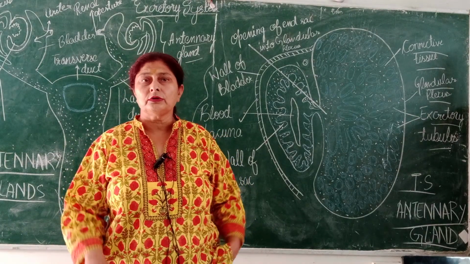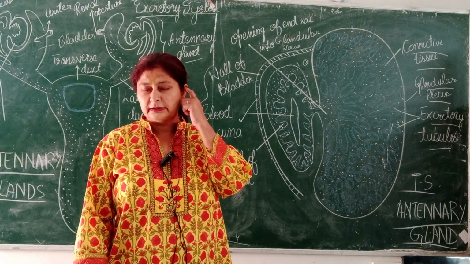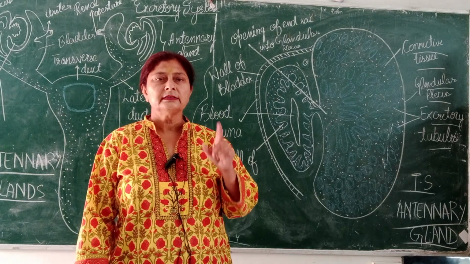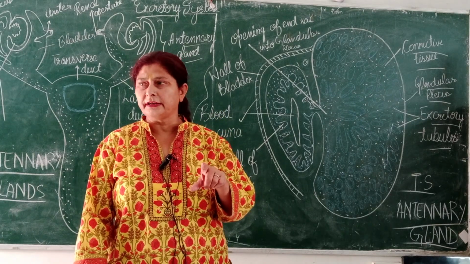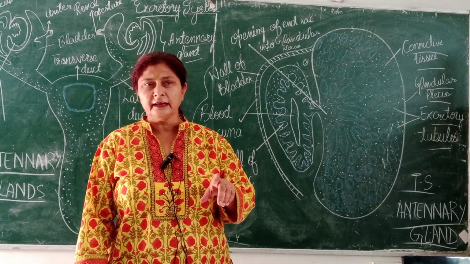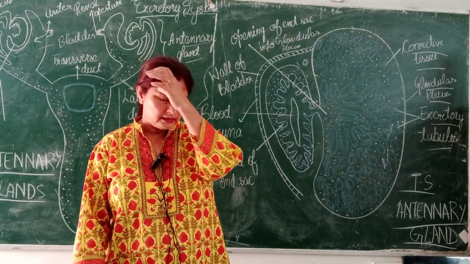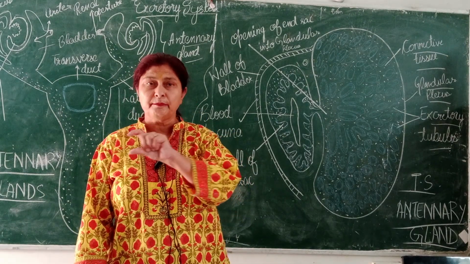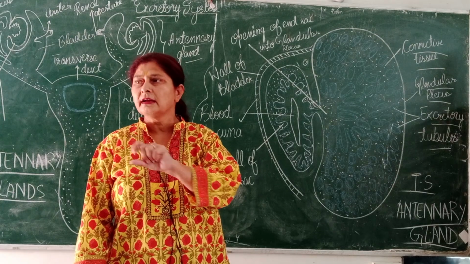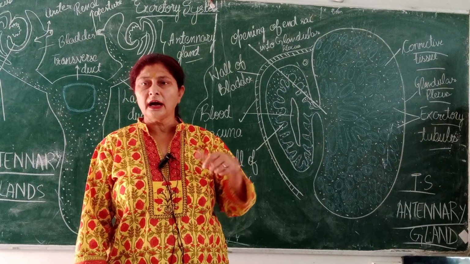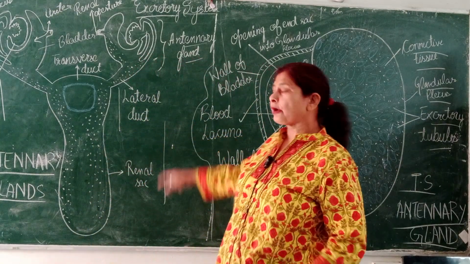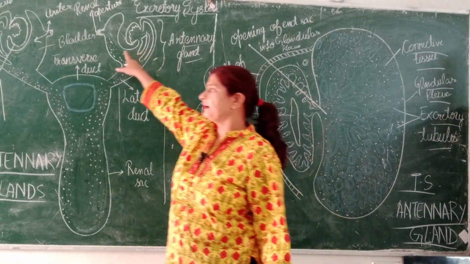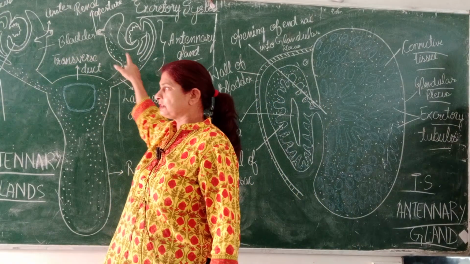In my yesterday's lecture on the circulatory system, I taught that the antennary artery enters into the antenna. From the antenna it enters into these structures.